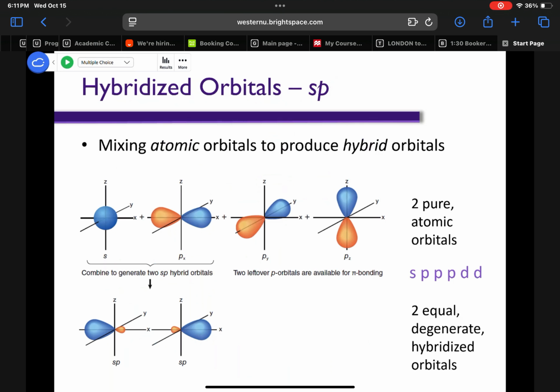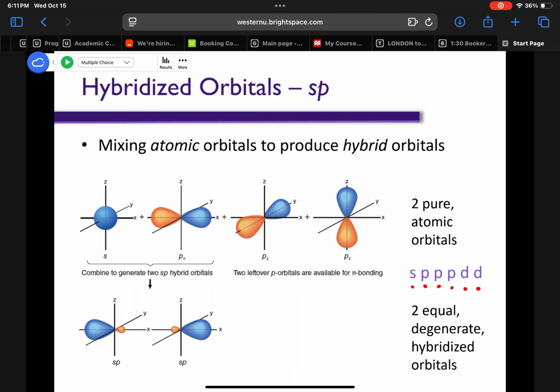Okay, what if we only needed 2 regions of electron density? That means we need 2 hybridized orbitals. Well, I go back to where I started. This is my little hint for you. You can remember this as you wish. I like to write out s, p, p, p, d, d on my paper.